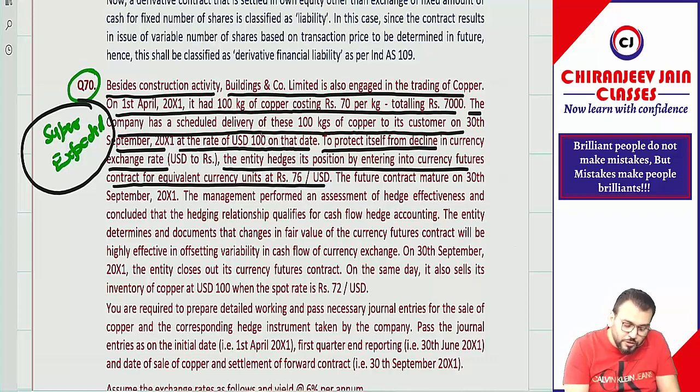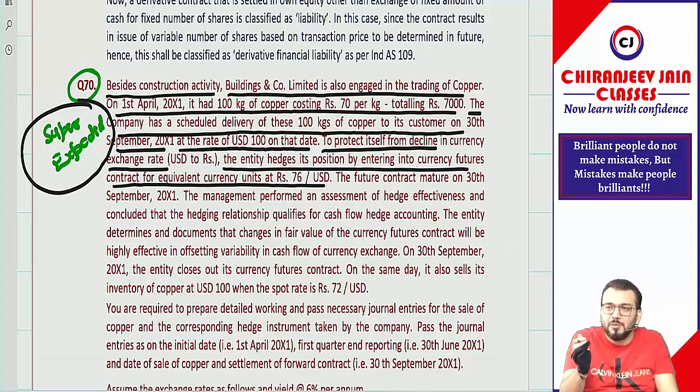Means there was a sale contract which will be executed after 6 months in dollar. So there will be some receivable in dollar, and if the dollar rate depreciates, there is a risk, then a lesser amount will be received. So to hedge that risk, they have entered into a future contract.